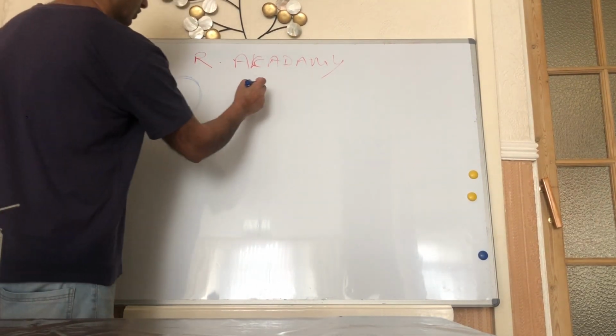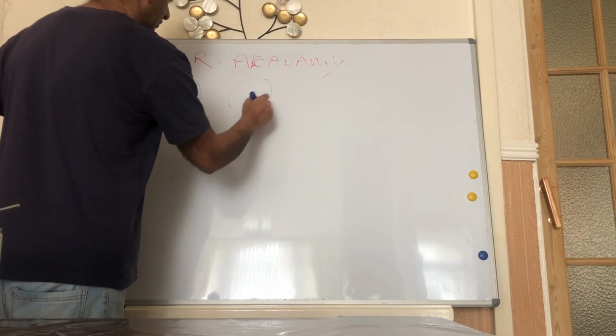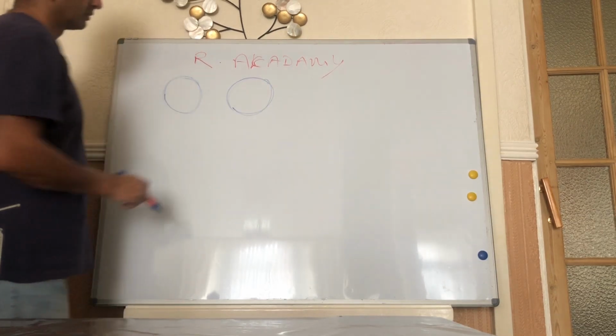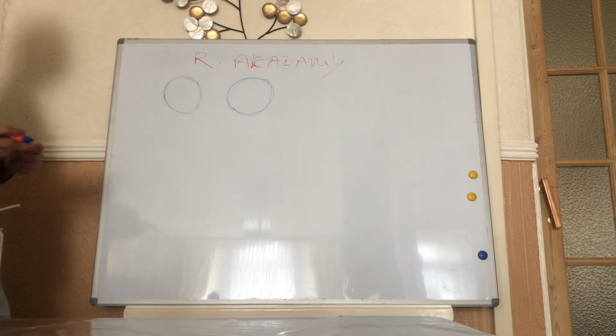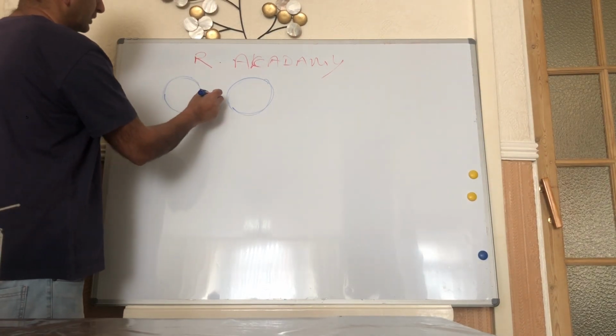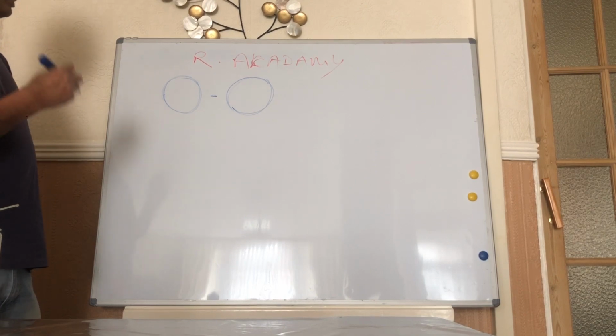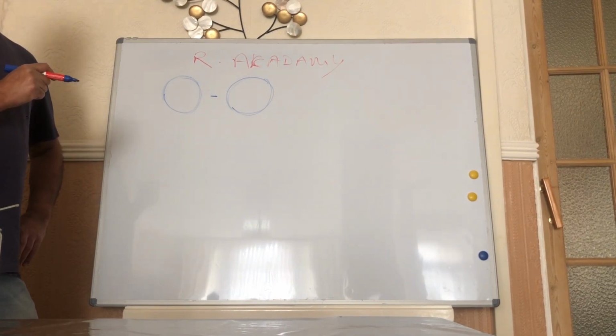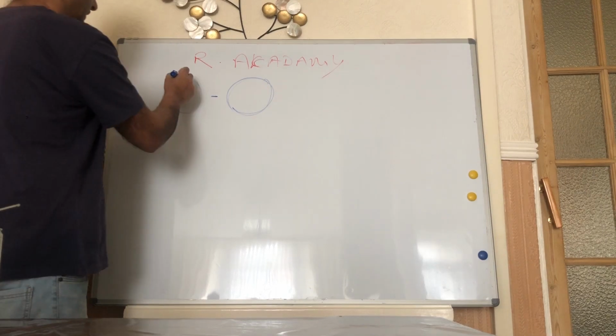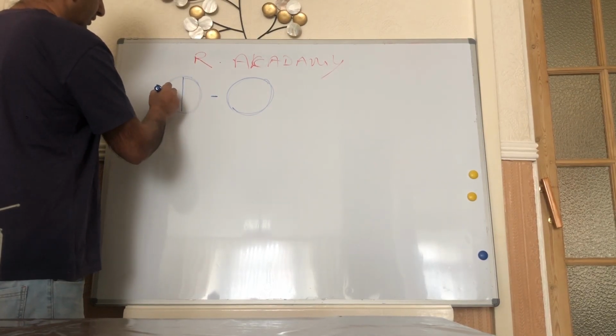So we've got 2 circles which represent pizzas if you want, and then you've got a minus, and that is basically subtraction of fractions. So it explains that you've got 8 slices. So this is going to be your 8 slices.